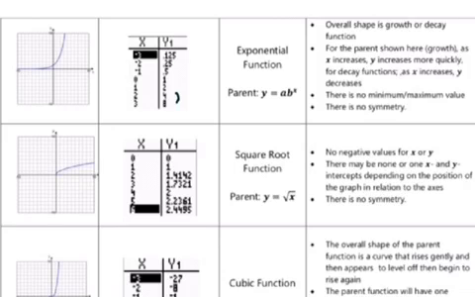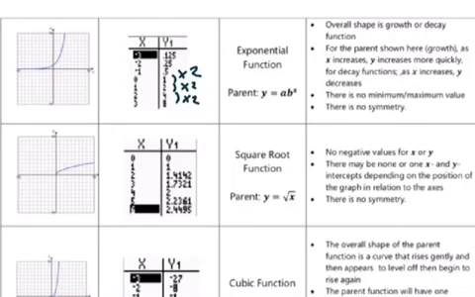To go from 4 to 8, you multiply by 2. To go from 2 to 4, you're multiplying by 2. 1 to 2, you're multiplying by 2. If you're multiplying by the same number, that means that you have a common ratio and the table represents an exponential function.